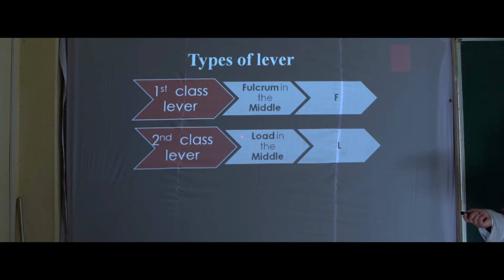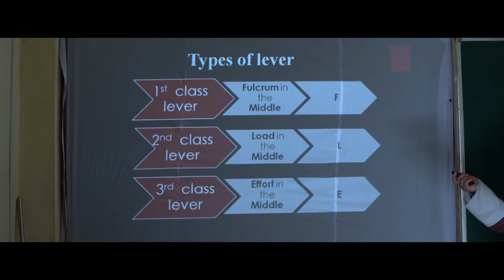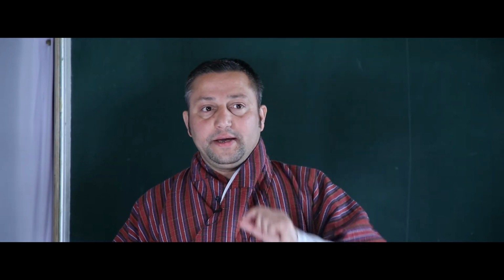Please look at this, load in the middle, L. Okay. Third class lever, effort in the middle, E. So, if you combine these three letters, what do you get? Obviously, FLE.